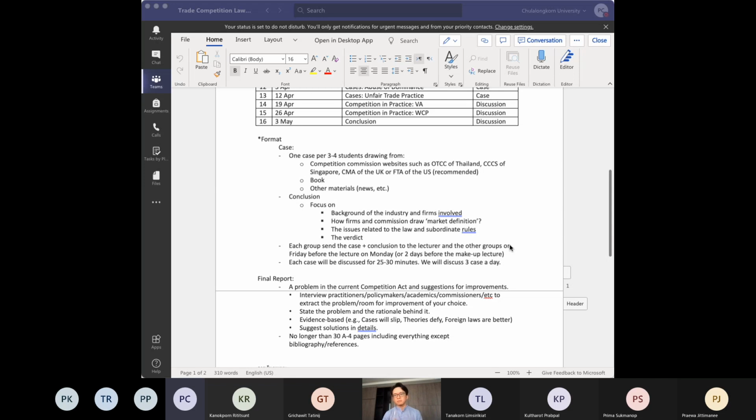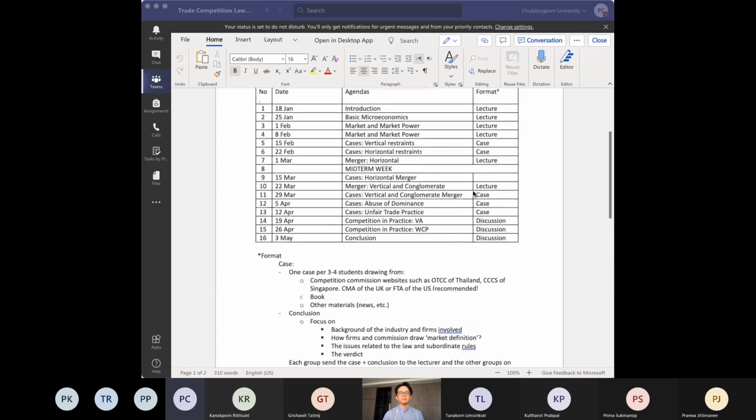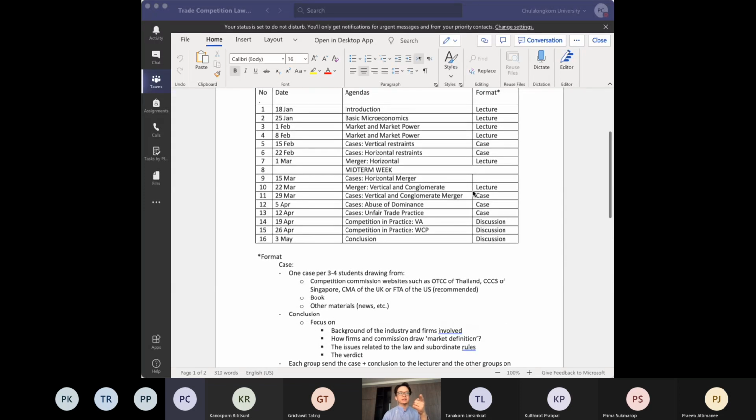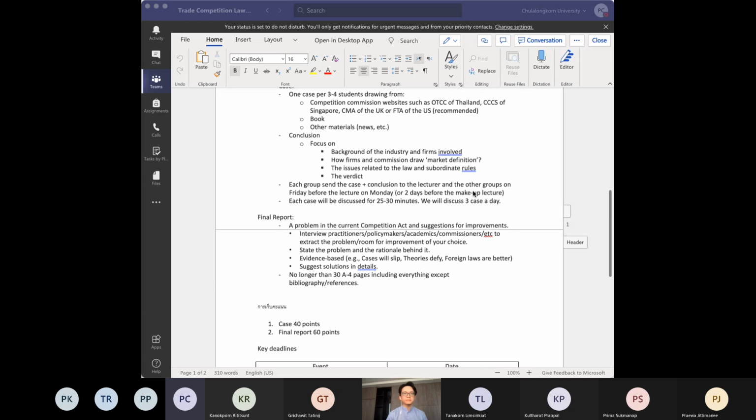For now the idea is still blurry to you, like what exactly is market definition, but we're going to cover that first before the first case discussion session, which is, we're going to cover a lot of them on the third and the fourth class.